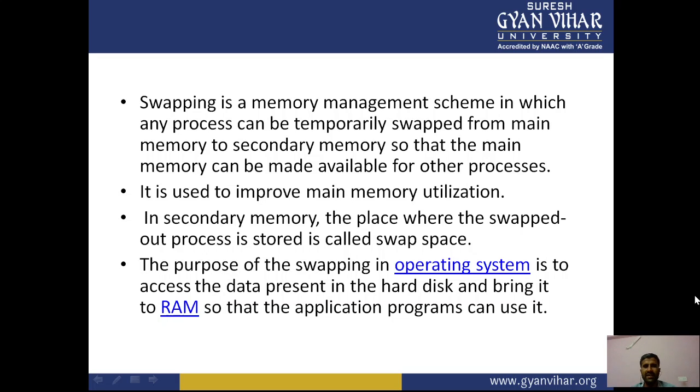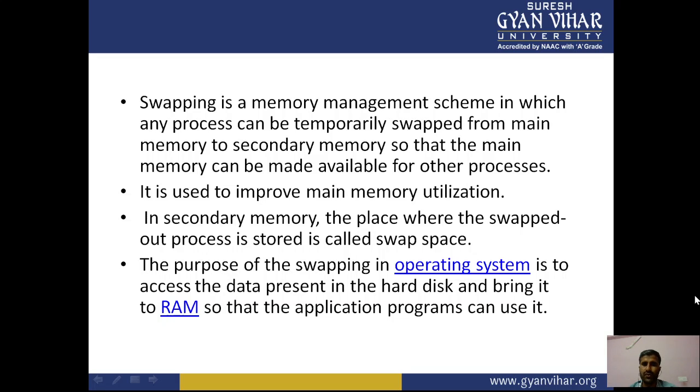Swapping basically is a memory management scheme, right? With the help of swapping, we can easily execute very big programs with multi-programming. Swapping is a memory management scheme in which any process can be temporarily swapped from main memory to secondary memory, so that the main memory can be made available for other processes.